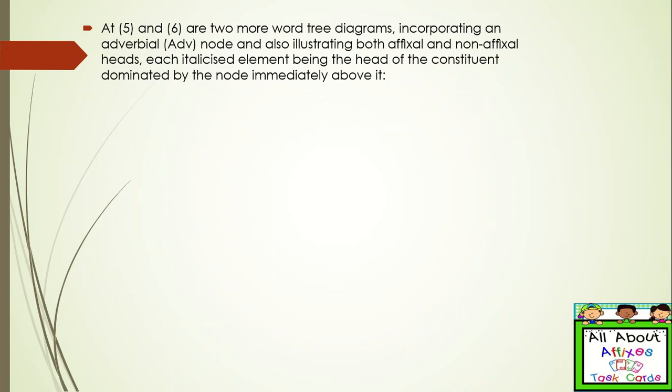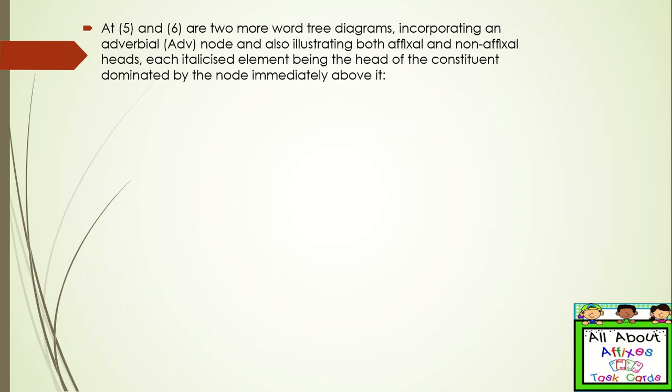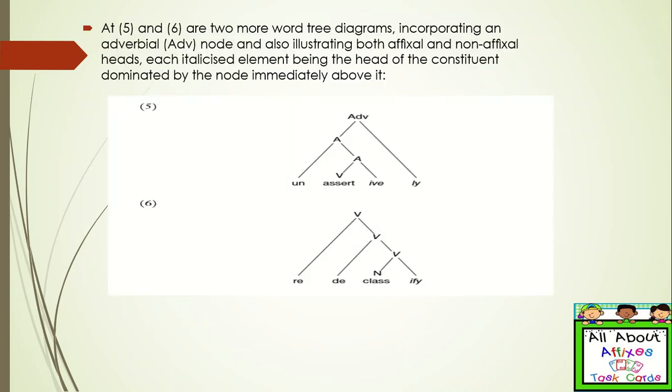So, 5 and 6 are two more words, tree diagrams incorporating adverbial, or adv, nodes, and also illustrating both affixal and non-affixal heads, each italicized element being the head of the constituent dominated by the node immediately above. So this is another example.